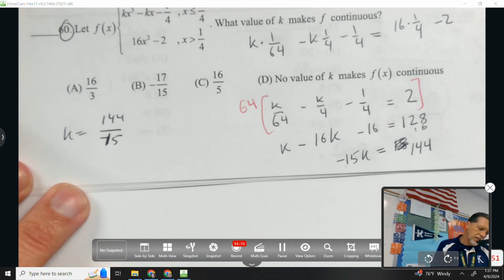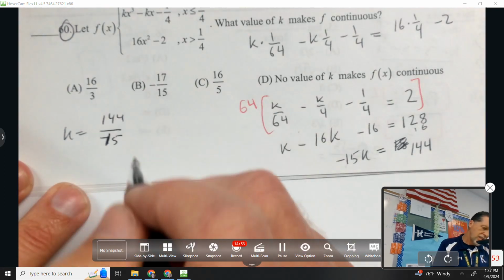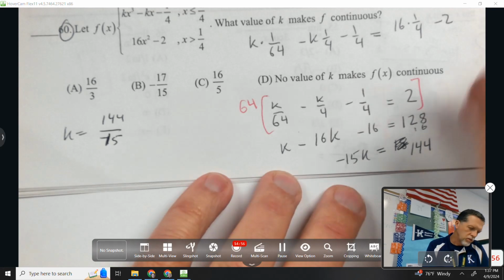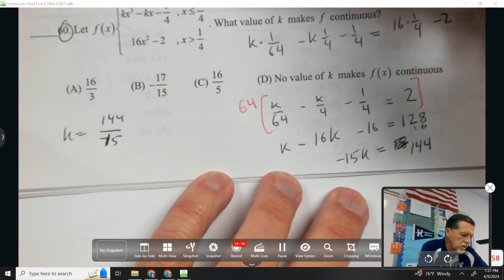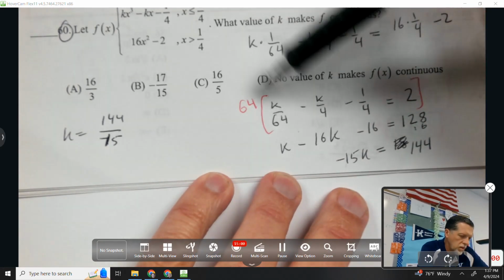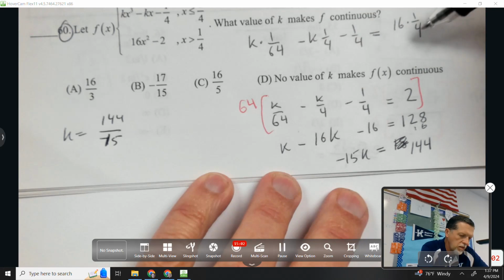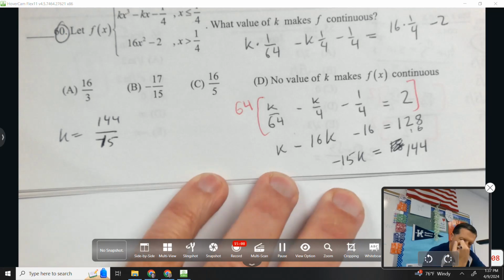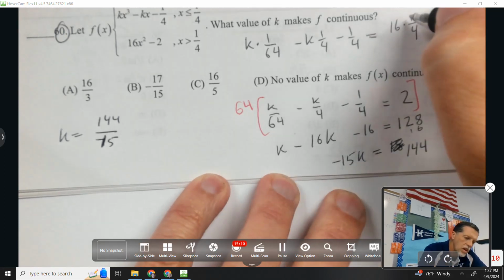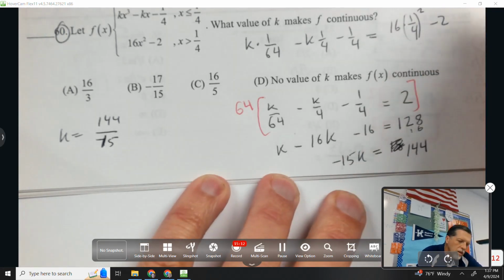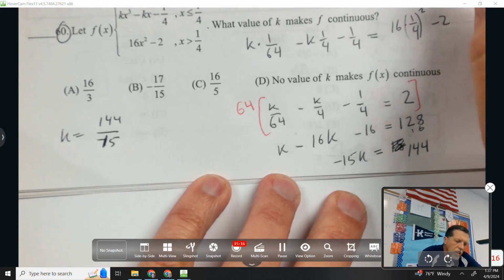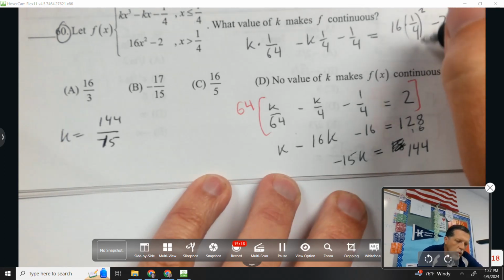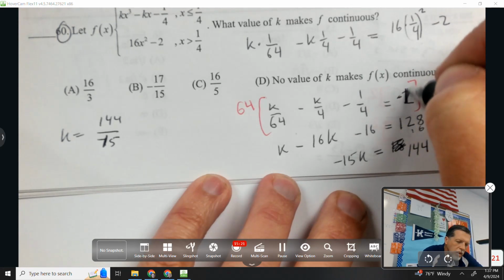Uh-oh, is it not there? Yeah, so I think you squared the 1/4. Did I do something wrong? Next square. On this side. Oh yeah, you're right. 16x squared. So that should have been 1/4 squared would be 1/16. So 1 minus 2 is negative 1.